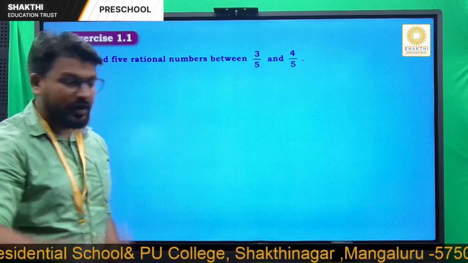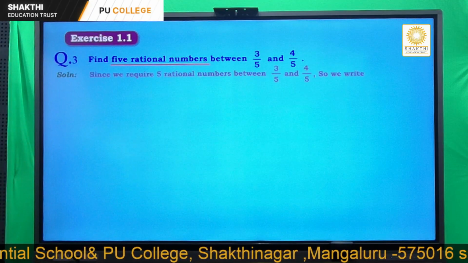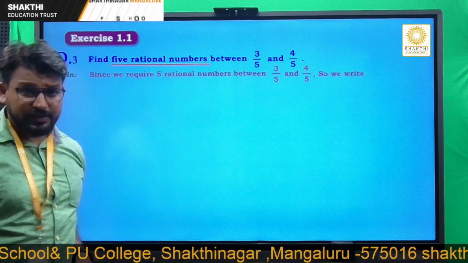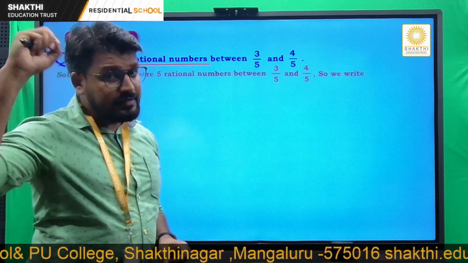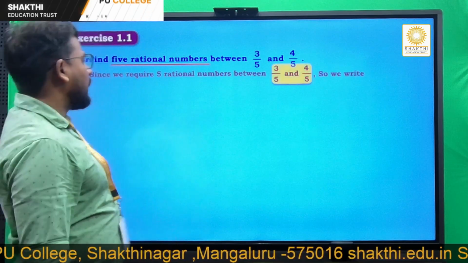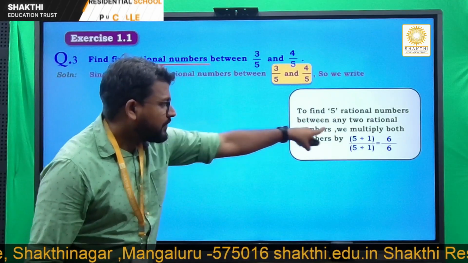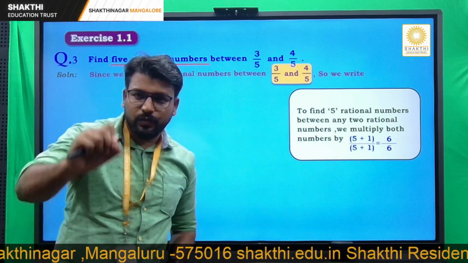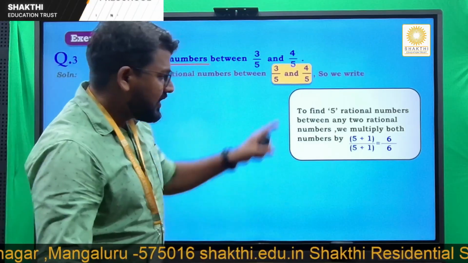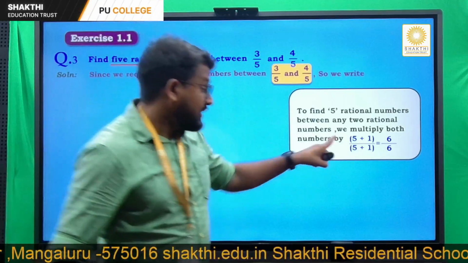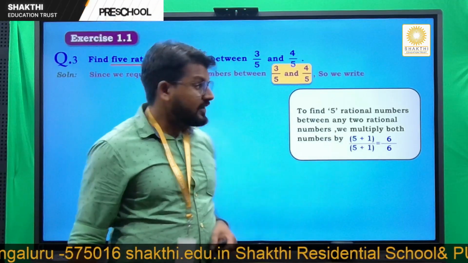Well, let me continue now. You can see that we need to write 5 rational numbers. That means the value of n is 5. Right? Okay. So see, the same thing I'm writing here. To find 5 rational numbers between any two rational numbers, we multiply both numerator and denominator by 6. How did we get 6? Yes, 5 plus 1. 6 by 6.